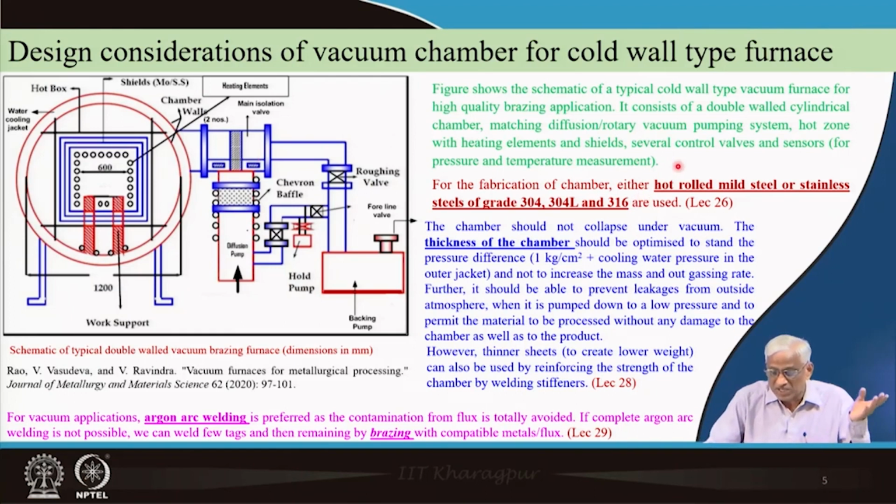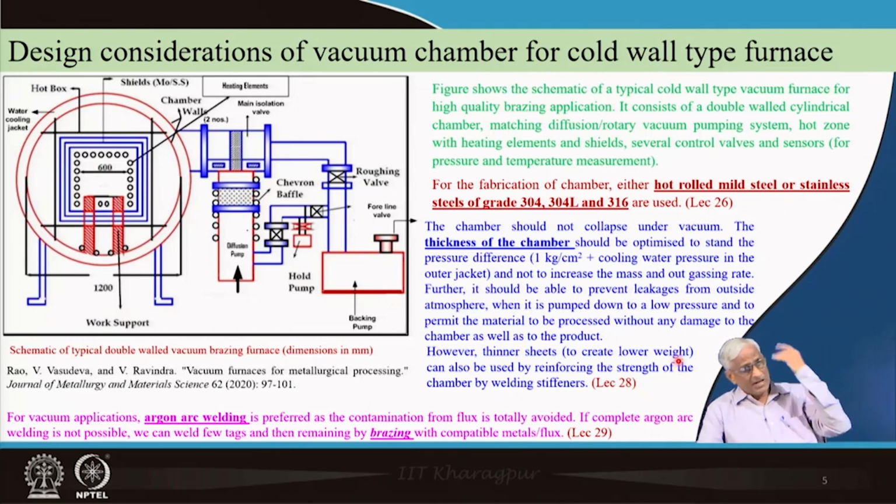Most of the time shields and controls and valves, after deciding you have to see the main chamber, whether it is 304 or 316 depending on the vacuum level, and then the thickness has to be calculated. How do you go about thickness calculations? First you have to know the pressure, like any vacuum vessel; we have seen in lectures number 26 and 28, we have seen materials and thickness calculations.